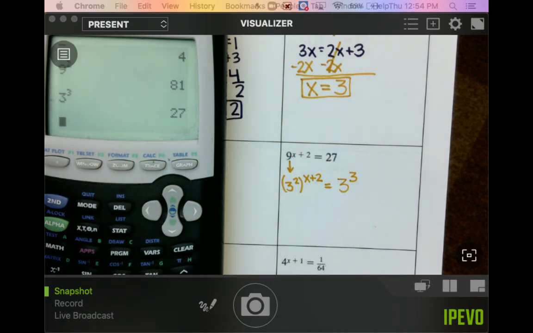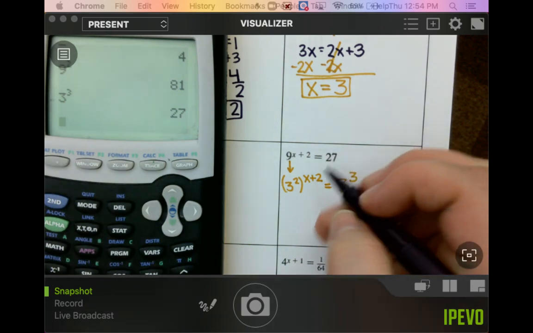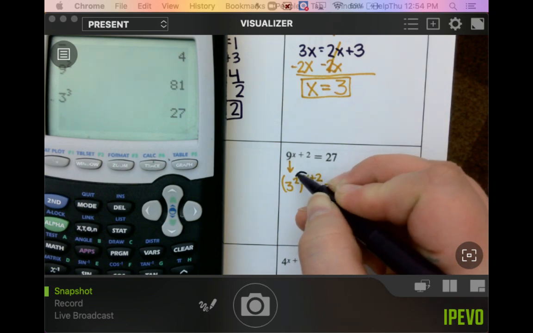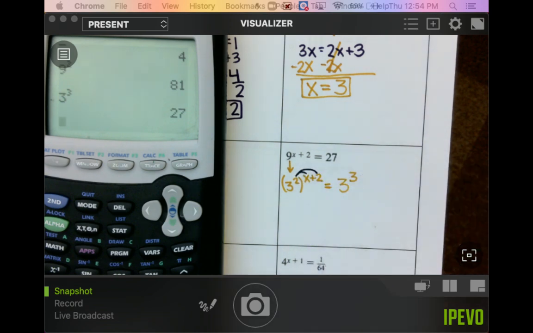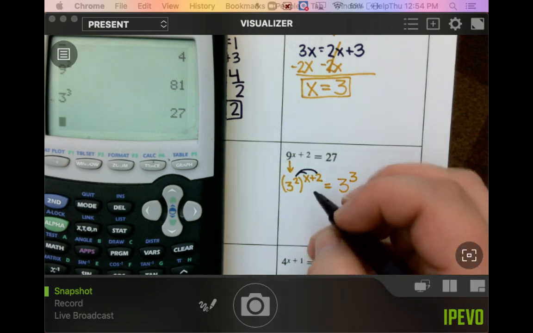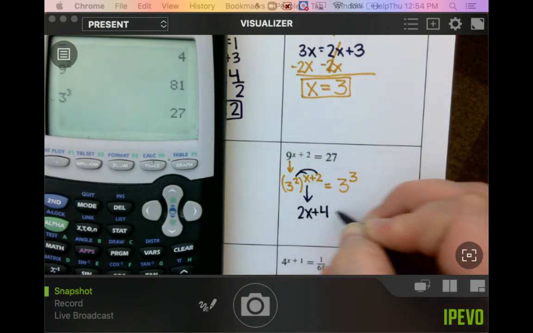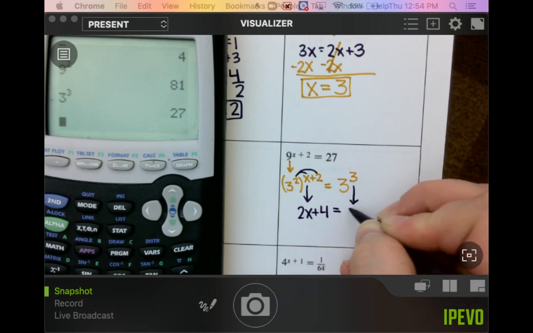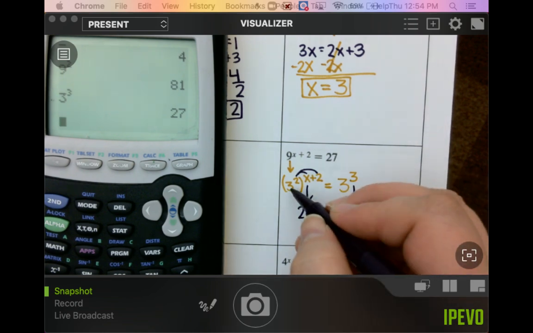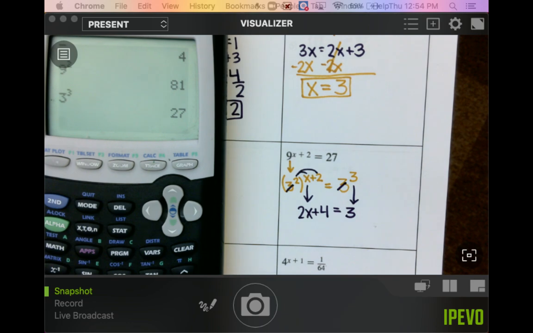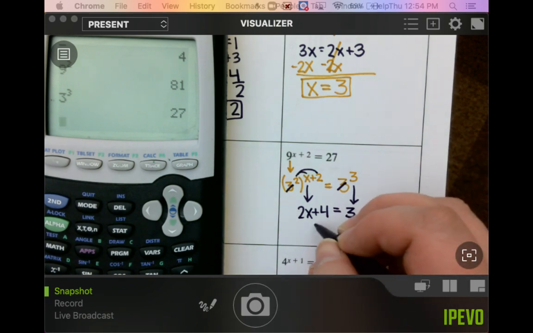And then when I go to distribute this, it has to go to both of them. So instead of just 2x, it's got to be 2x and 4. Right? Or you can just cancel out your bases as long as they're the same number. And then we're going to subtract that 4 to the other side.